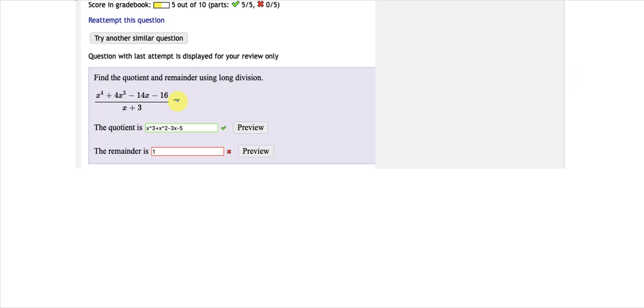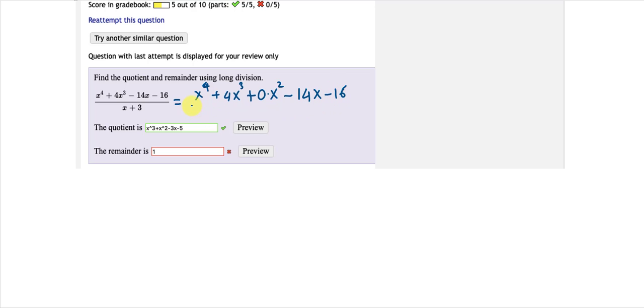So on the top I may put it this way: x to the 4 plus 4x to the third power. I just rewrite them in descending power, plus 0x squared minus 14x minus 16. So these are the powers: 4, 3, 2, 1, and then nothing, which is 0.